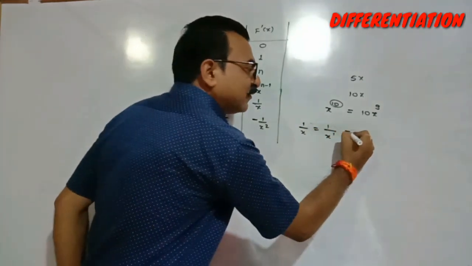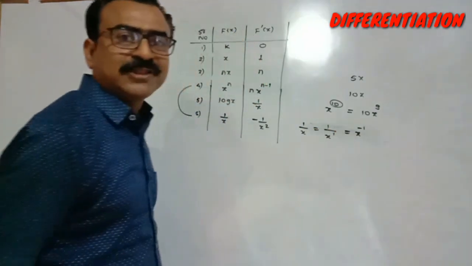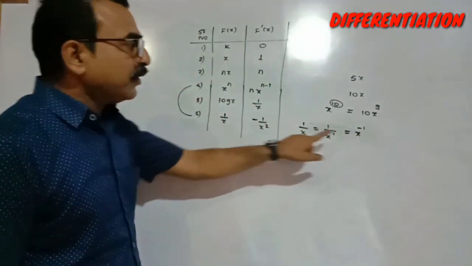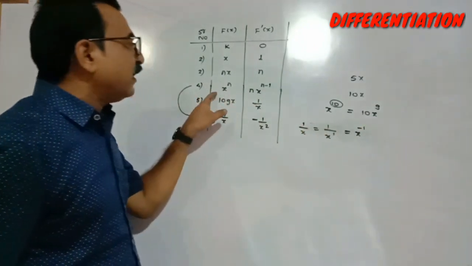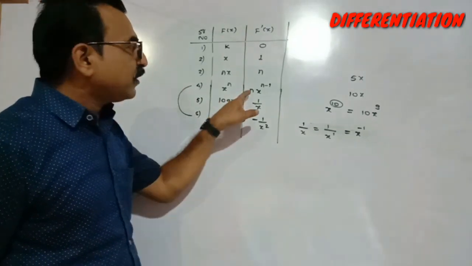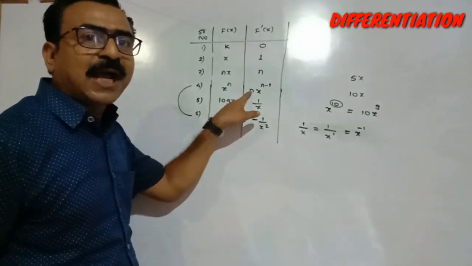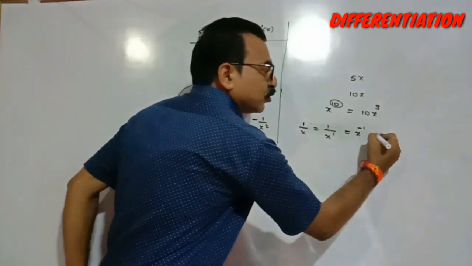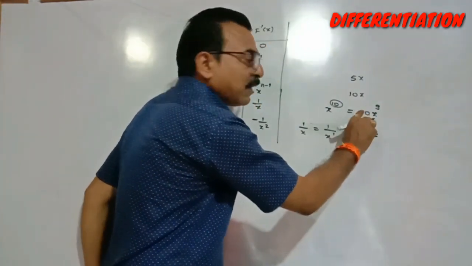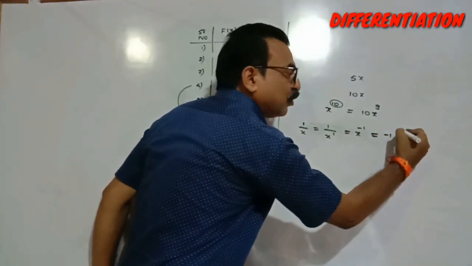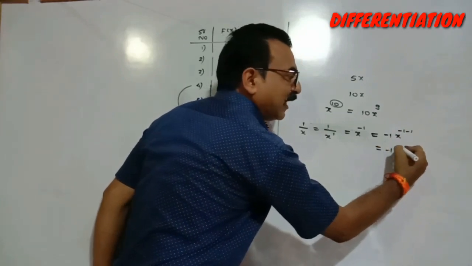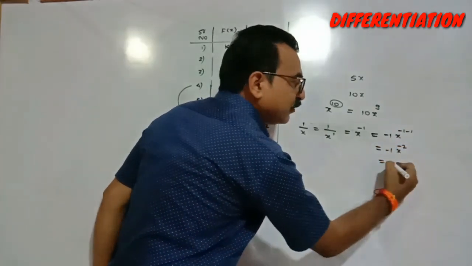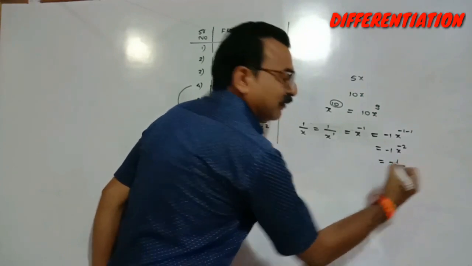According to the law of indices, it is also written as x raised to power minus 1. Now, what is the derivative of x raised to power n? Take the power as a coefficient and reduce the power by 1. So the derivative of x raised to power minus 1 is minus 1 x raised to power minus 1 minus 1, meaning minus 1 x raised to power minus 2. It is also written as minus 1 by x square.